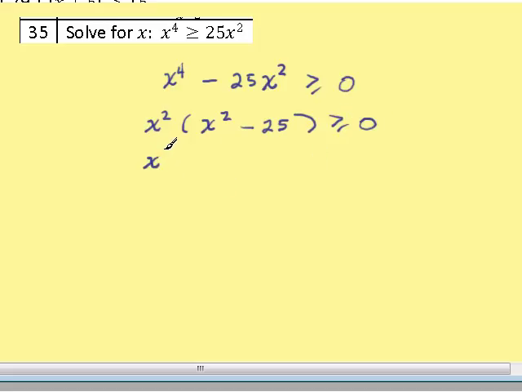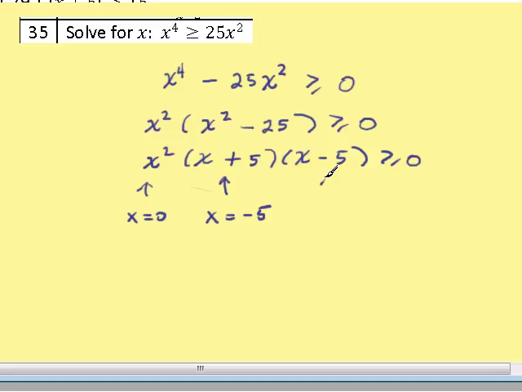And let's factor that x squared minus 25. So from here we have x equals 0, and from here we have x equals minus 5, and from here we have x equals 5. Let's put those on the number line.